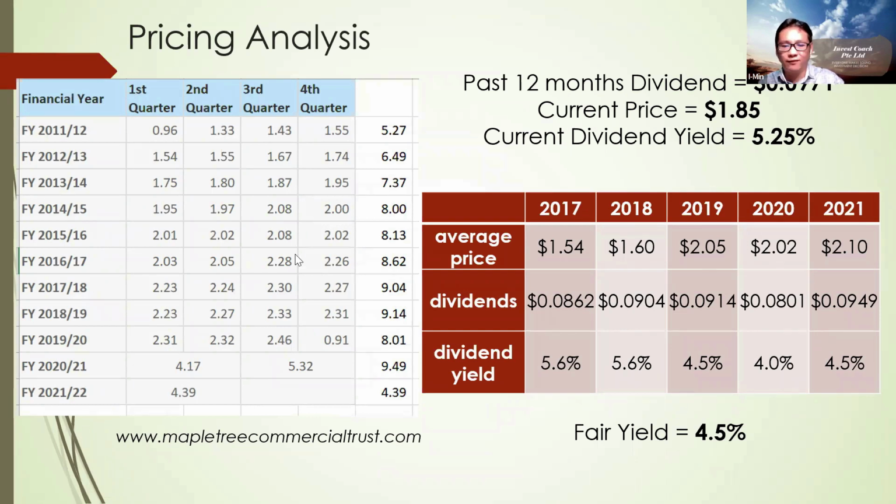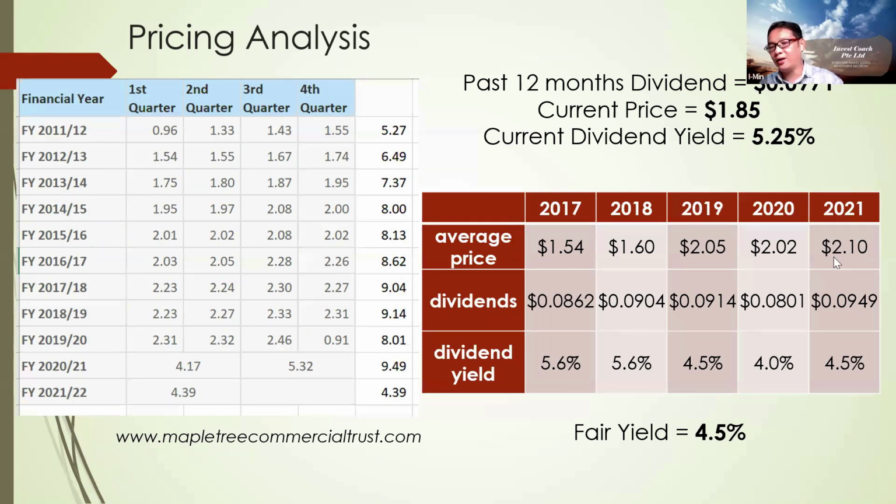So I use that as a benchmark, and I compare the current yield versus the fair yield. To calculate it, down here I calculate the average price for each particular year.